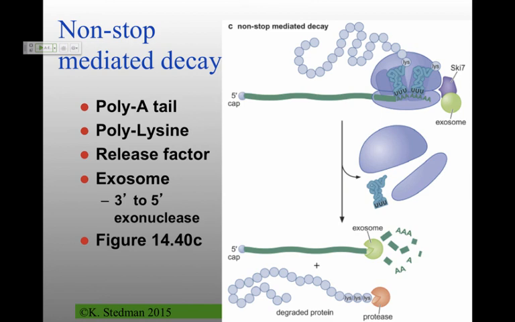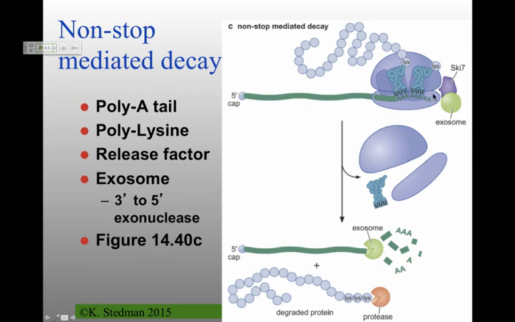Now, it may not have an appropriate stop codon because there's a point mutation there. Probably much more likely it didn't have a stop codon because there's a frame shift. There's some other problem with the rest of your protein. So that protein gets degraded, and it turns out there are some other proteins here.